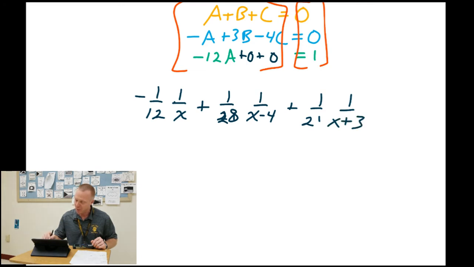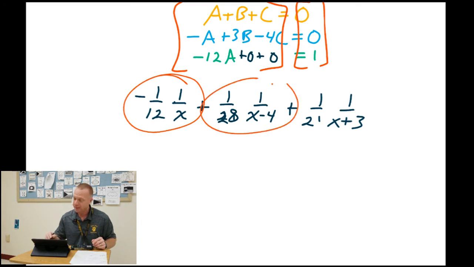This brings up a question a student would normally ask. What if you set up the template backwards? What if your A was my B, was her C? Well, it doesn't matter. You're still going to get negative 1/12 going with 1 over x, 1/28 going with 1 over x minus 4, and 1/21 with 1 over x plus 3. So it doesn't matter what order it's in.